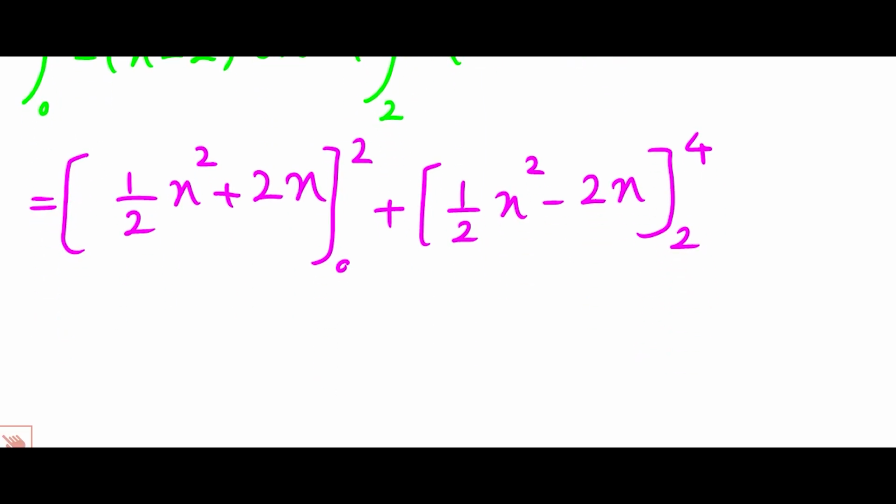So we have, if x equals 2, so we have -1/2 times 4 plus 2x is 4, right?